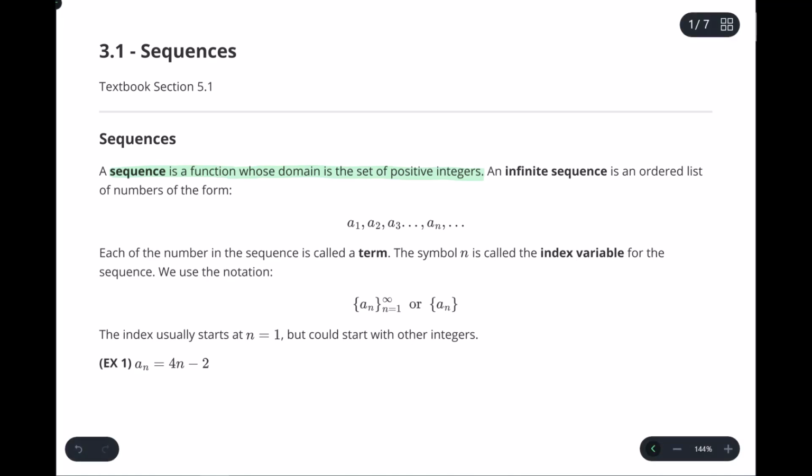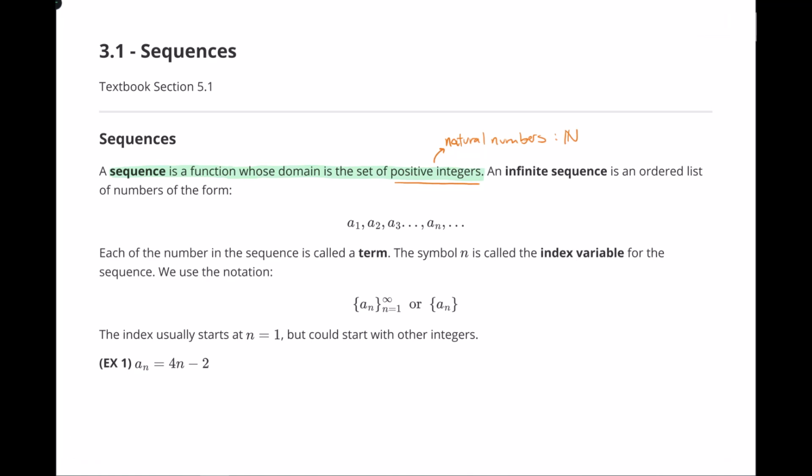Now, these positive integers are called the natural numbers. Sometimes you'll see this notation, a capital N with two bars at one side, representing the natural numbers.